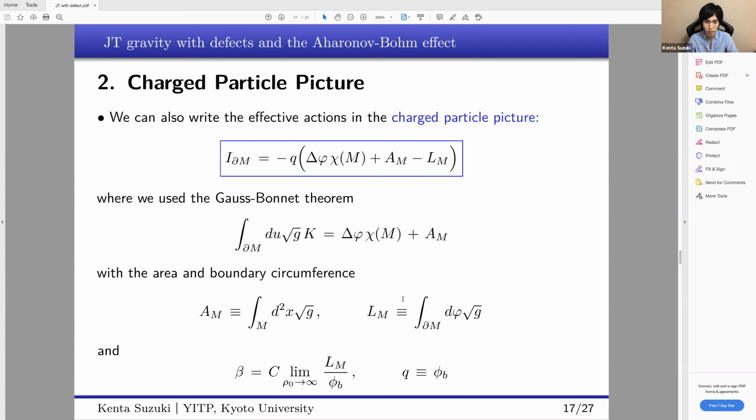Here we renamed this boundary value of the dilaton field by Q, because this Q basically becomes the charge of this quantum mechanical charged particle. And then the boundary inverse temperature is related to the boundary circumference, this Lm, in some regularized way.